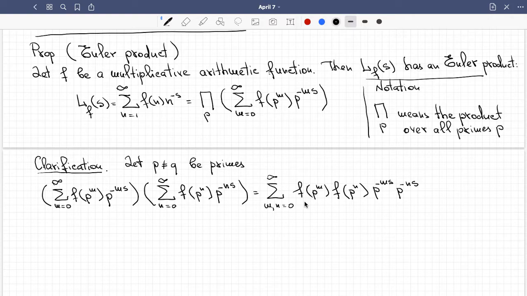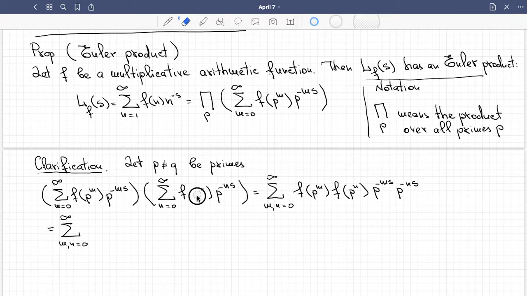What we see is a sum over all pairs m and n, f of p to the m times f of, oh sorry, what am I doing?